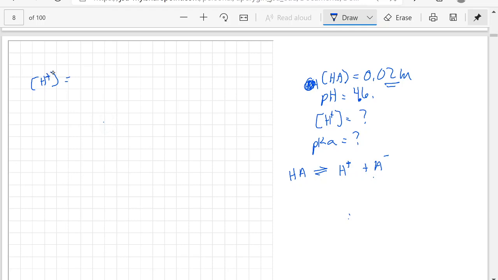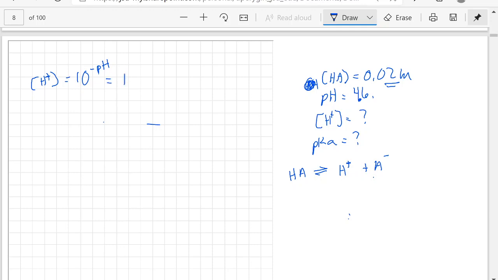So we need to calculate that hydrogen ion concentration, but in order to do that, we're going to have to use the pH. We learned in the last video that we can calculate the hydrogen ion concentration with this equation: H plus is equal to 10 to the negative pH, and we derived that equation in the last video.